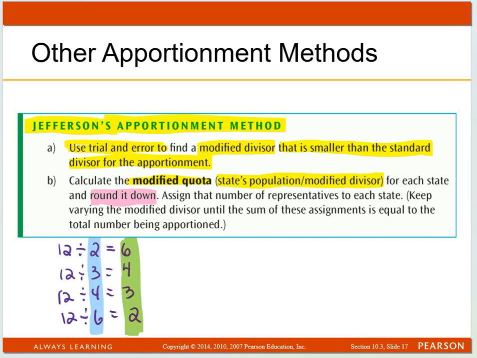And if I were to flip that around and do it the opposite and say 12 divided by 6 equals 2, 12 divided by 4 equals 3, 12 divided by 3 equals 4, basic math, 12 divided by 2 equals 6.